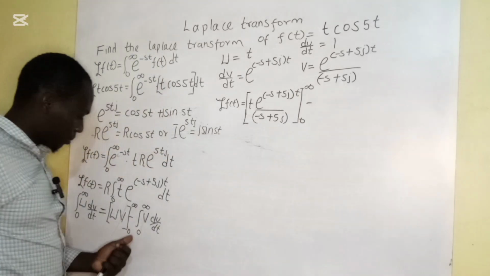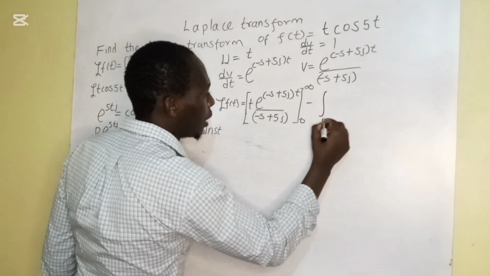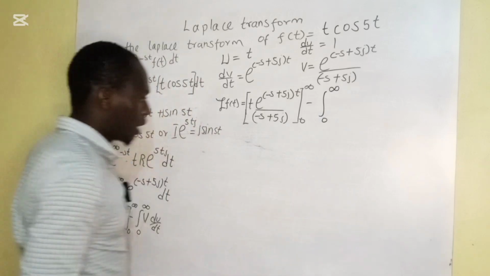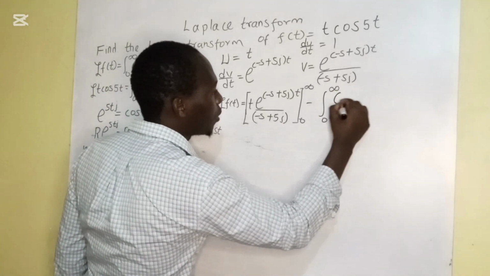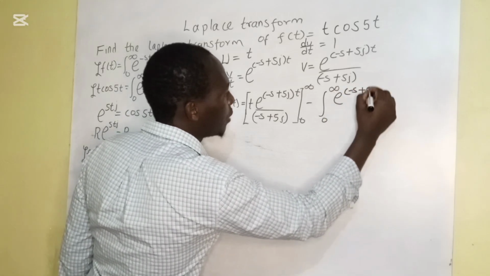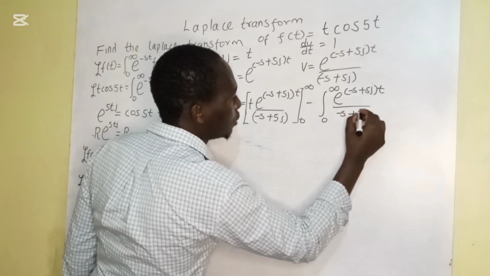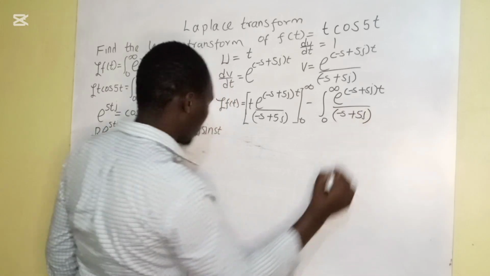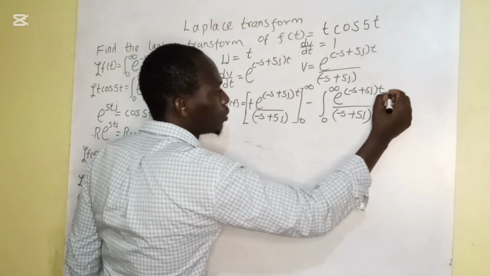We subtract from here, we are going to have the integral with respect to our limits. V, our term of v, we are going to have exponential negative (s + 5j)t all over negative (s + 5j). du with respect to dt is equals to 1.